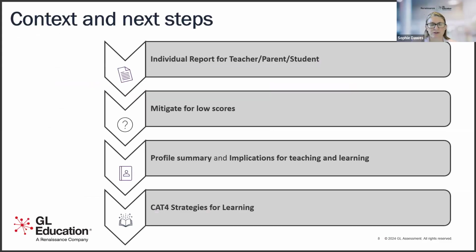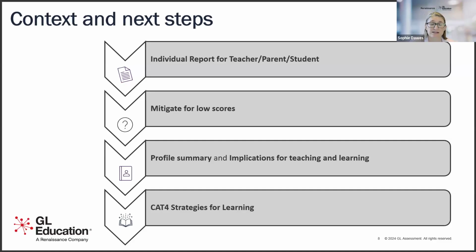So once you've administered CAT4 and you've got your results, where should we go looking at next steps? So first of all, it's quite important to look at both the group reports, but also, and some colleagues I know will be heavy users of these individual reports, but some colleagues have not had access to them.